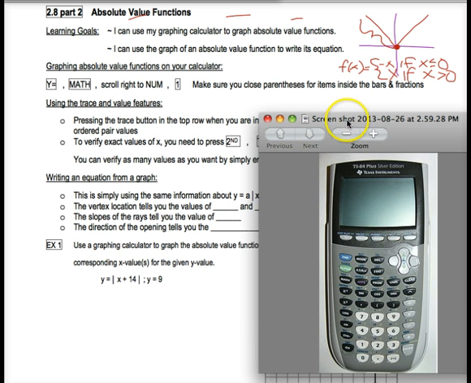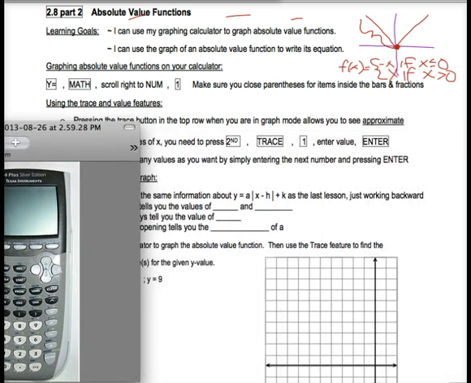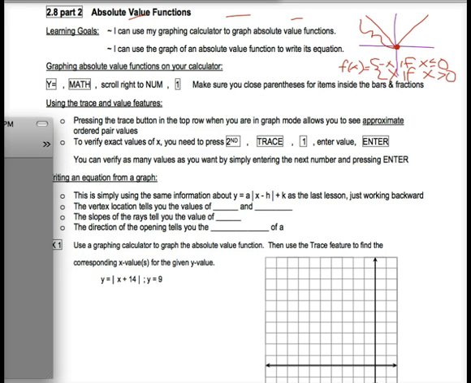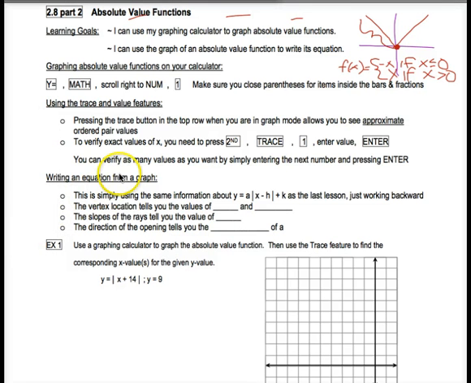We're going to learn some new functions today too, and we're going to learn how to use the trace and value feature. I'm going to show you that in example 1, but you can see up here that I've got the keystrokes that you're going to press right there in your notes. So if you forget, you can always go back and look up how exactly you need to press those buttons in.